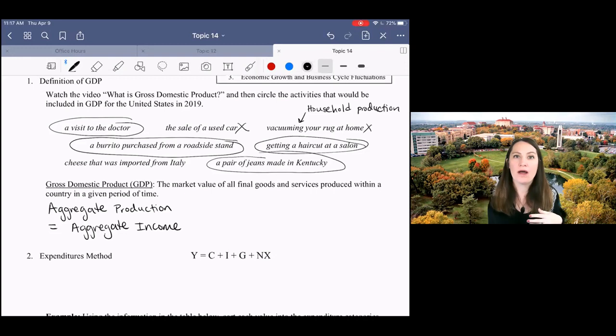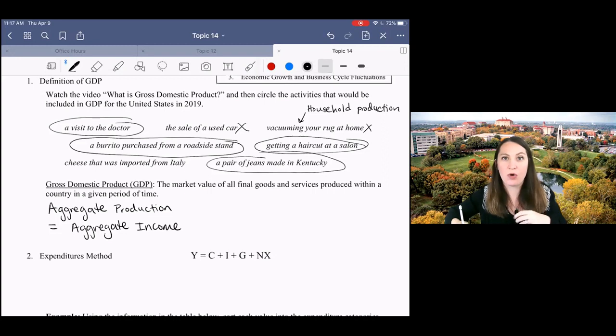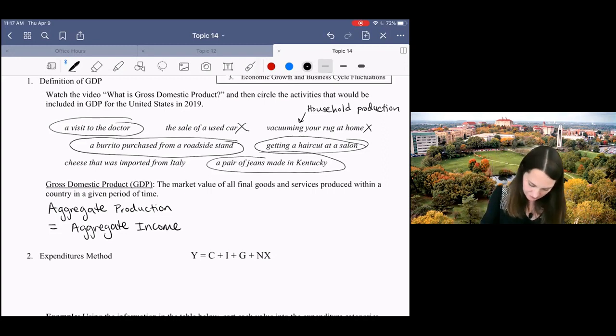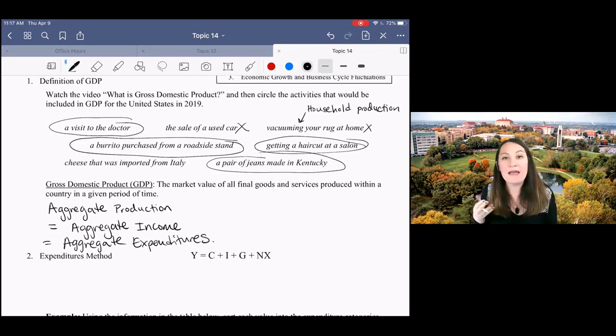And so aggregate expenditures, total expenditures, is going to be equal to total income. So what we really care about when we're measuring aggregate production is to try to get some sense of not just how much is being produced in this country, but how much value is being created, because that gives us a sense of how much we can consume.